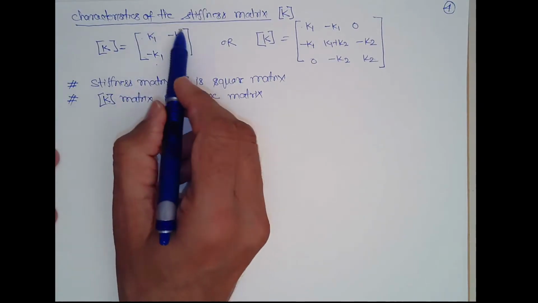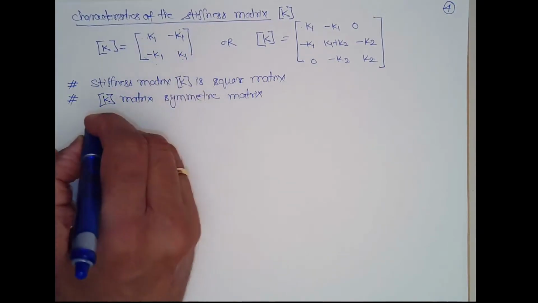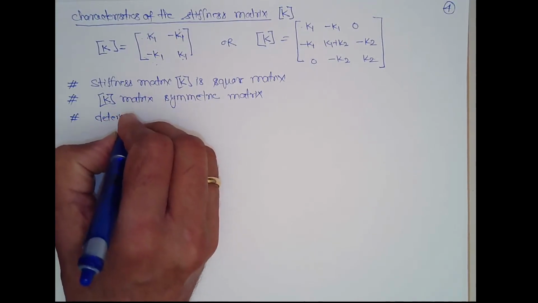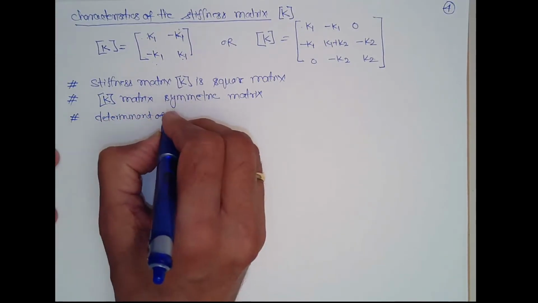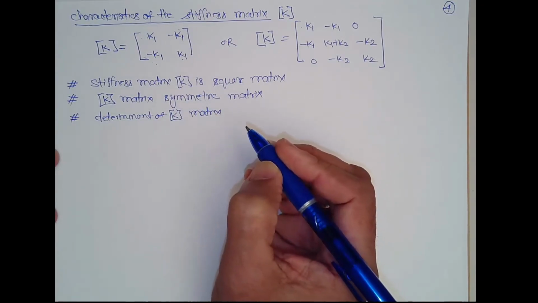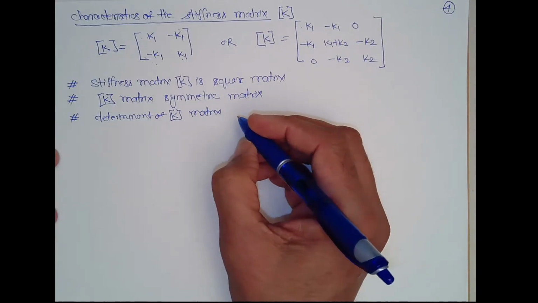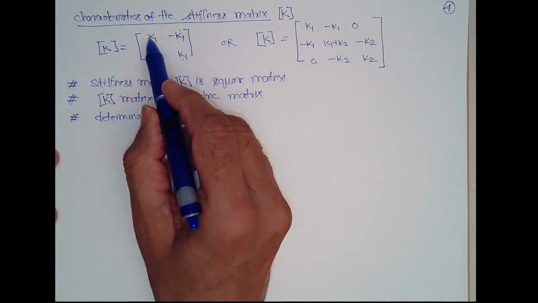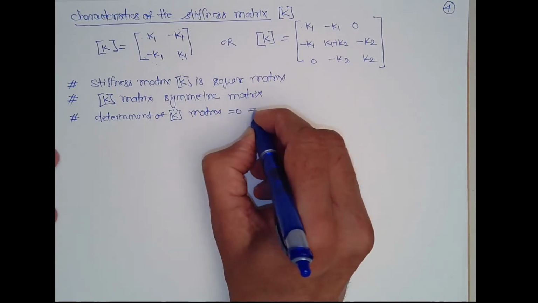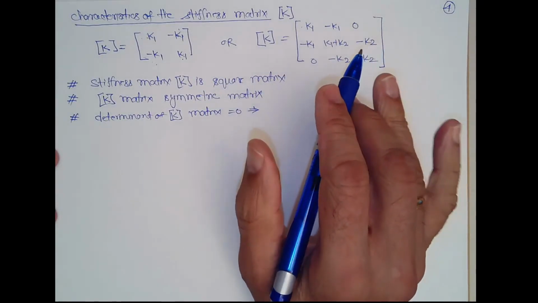And can you find the determinant of this? The determinant means K1 squared minus K1 squared. What is this? The determinant of the K matrix is zero, meaning K squared minus K squared is zero. This implies that this is actually a singular matrix.